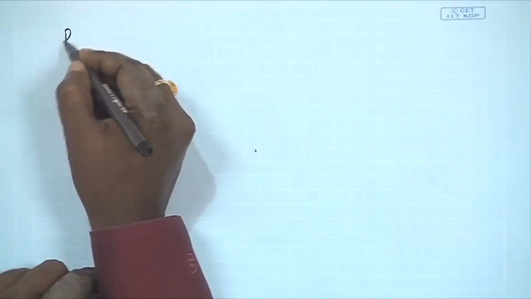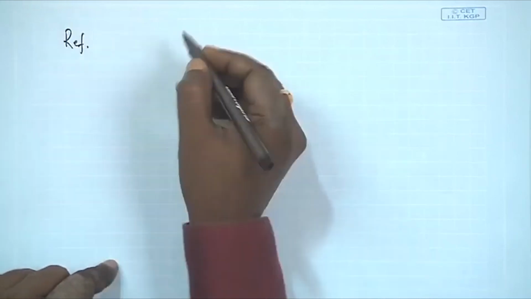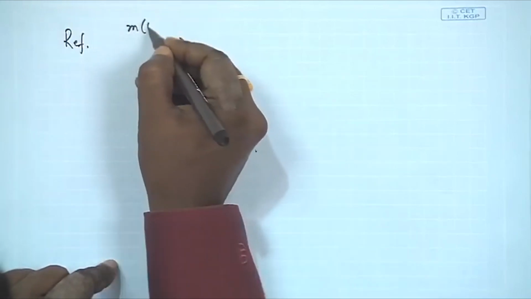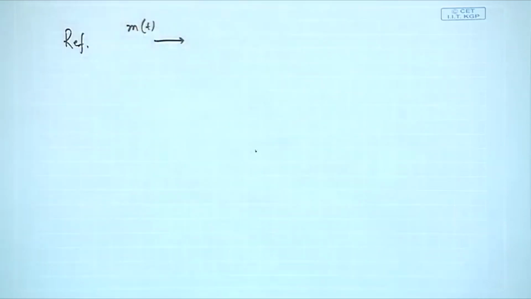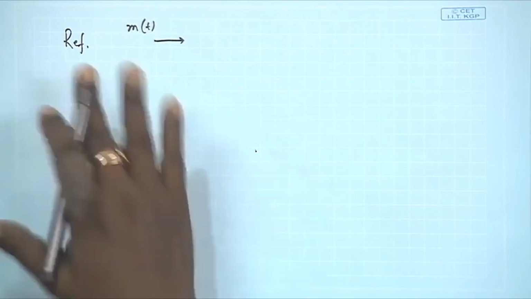So, let us try to see what we can do for a particular system. Let us say we have a DSB-SC modulation. The first reference part will be, I will put this m(t), and then this particular message signal will be transmitted.